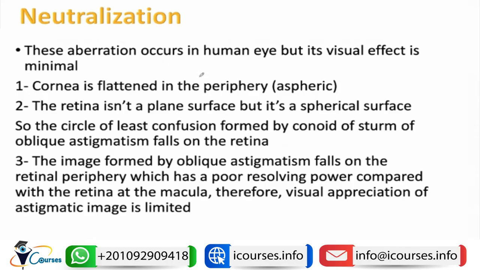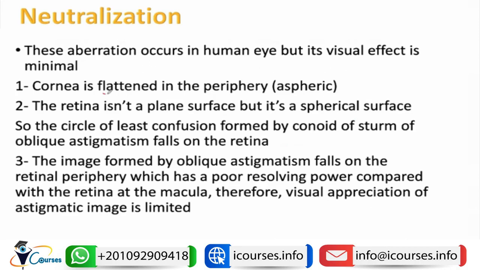These coma aberrations can be neutralized in the human eyes, where the effect is minimal, for more or less the same reasons as the elimination of the spherical aberrations.